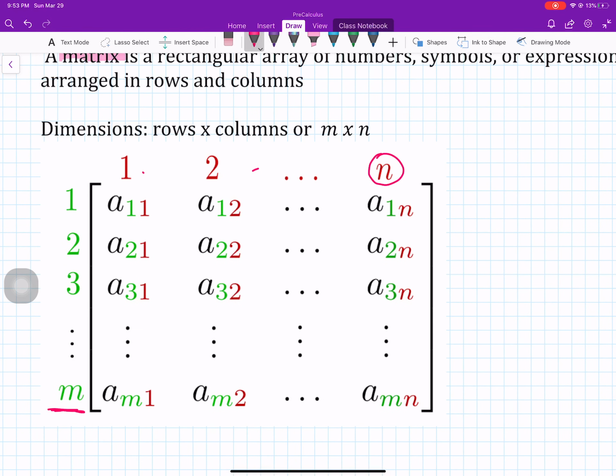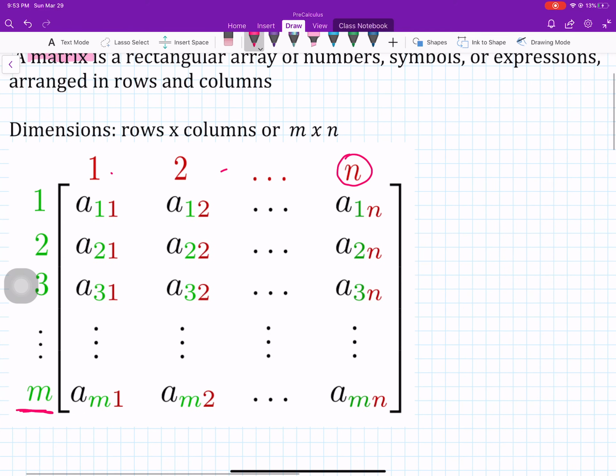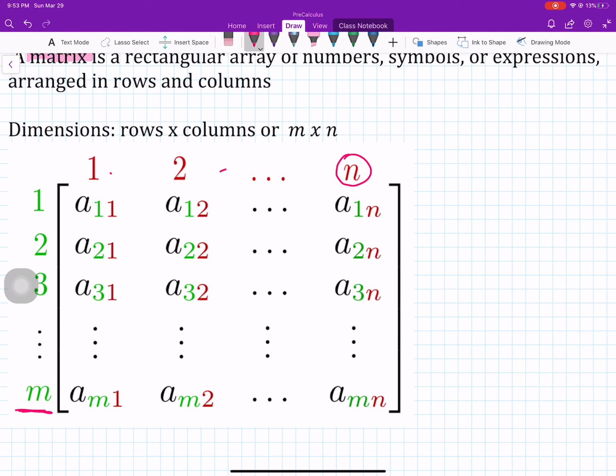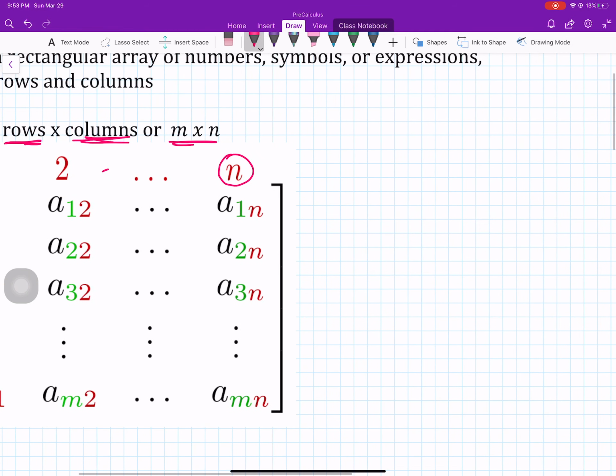The dimensions of a matrix are rather important, especially when we get into doing some operations and things like that. And you always name a matrix according to its rows and then its columns. So in this case, it would be m by n. But let's come up with a few basic matrices.